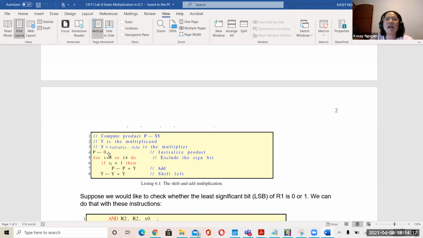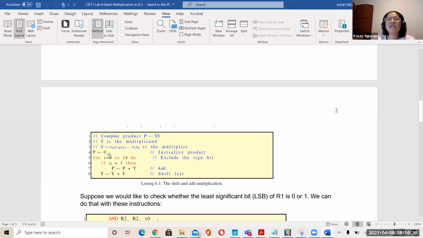You would say product is equal to 0 before you enter the loop, because you have to have that variable ready to store as it loops through and adds into that variable. Okay, so here we initialize the product.